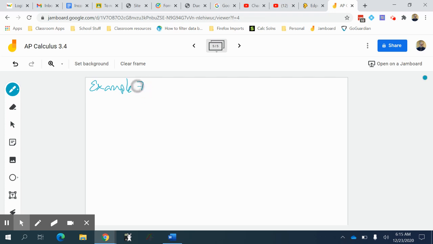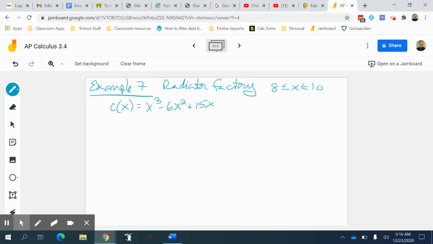Example 7, if you're following along in the book, and we're talking here about a radiator factory. You are building between 8 and 10 radiators a day, and you have found that your cost could be modeled by the function x cubed minus 6x squared plus 15x.